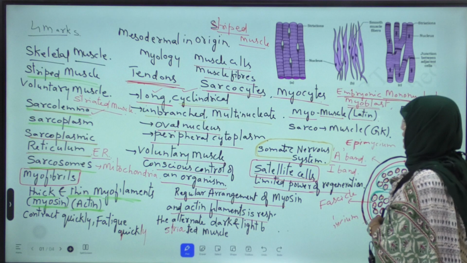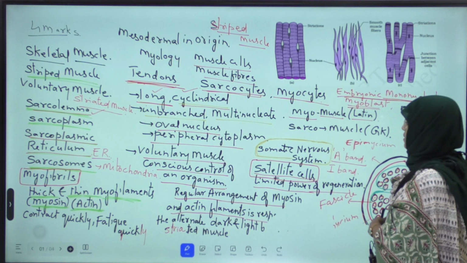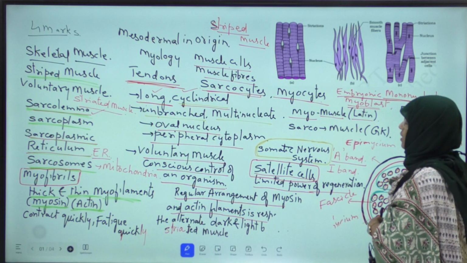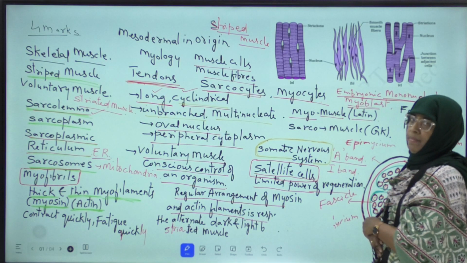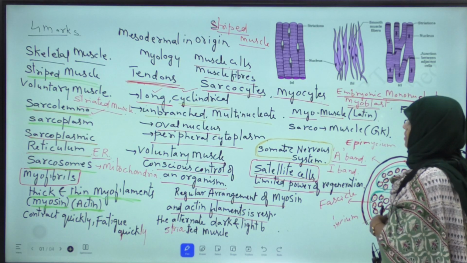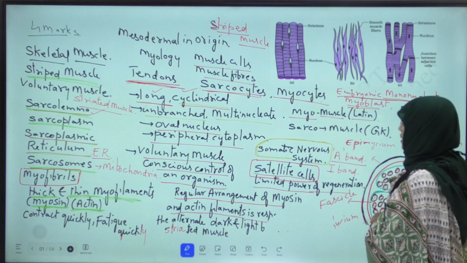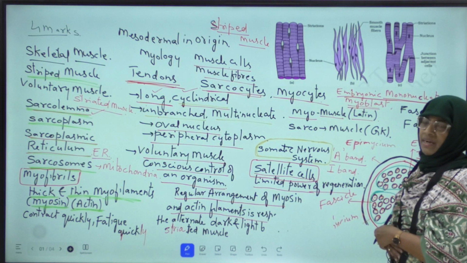They are quiescent, inactive cells. When muscle cells are damaged, these satellite cells become active and regenerate the damaged muscle cells, but they show very little power of regeneration.